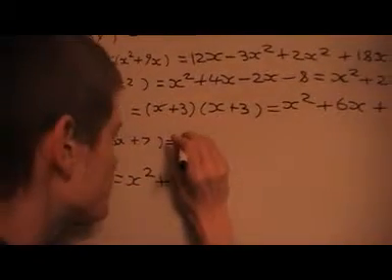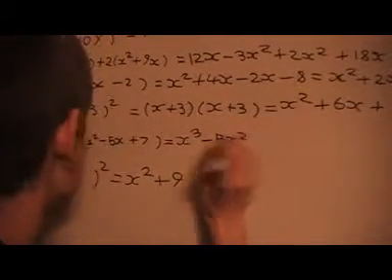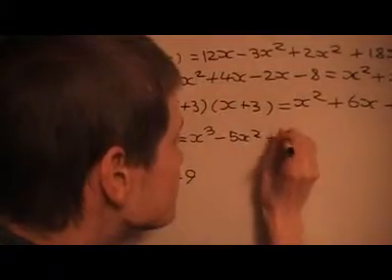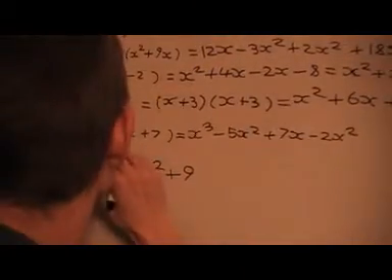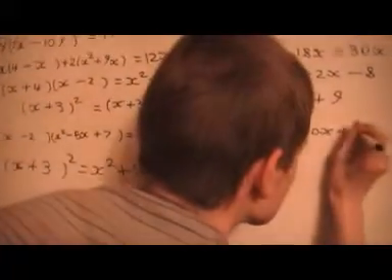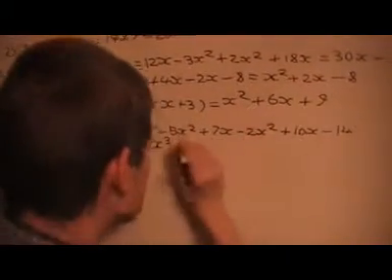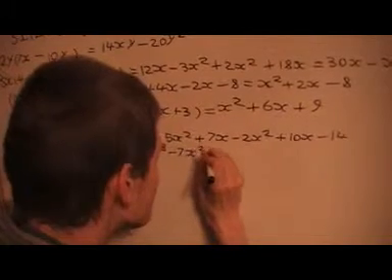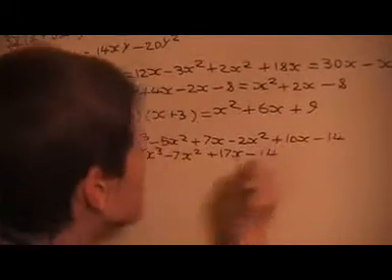So I'm going to get x cubed minus 5x squared plus 7x minus 2x squared plus 10x minus 2 times 7 minus 14, and we can simplify this to x cubed minus 7x squared plus 17x minus 14.